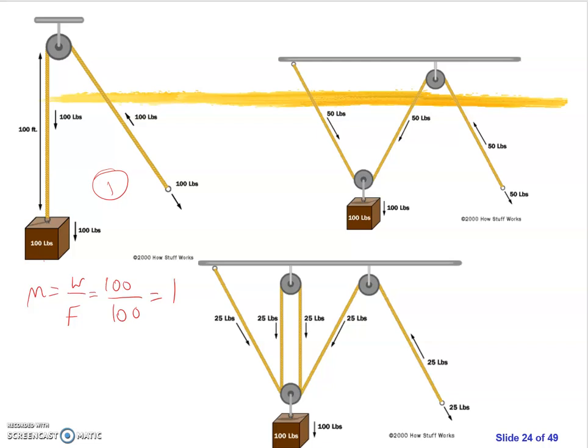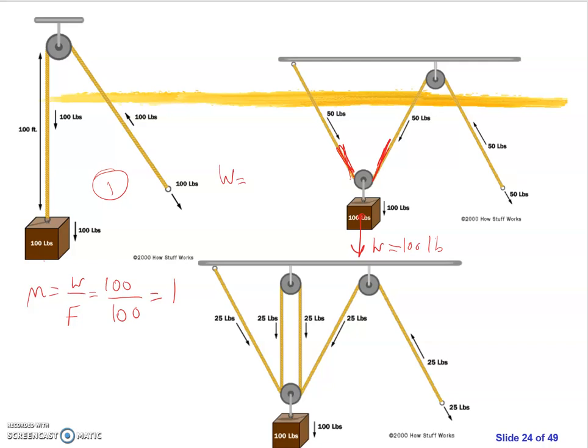Now look at this system. There is 100 pounds here. So there is a weight which is equal to 100 pounds applied here. And then there are two tensions in the line, right? So one here and two. So this 100 pounds is handled by two tensions, right?